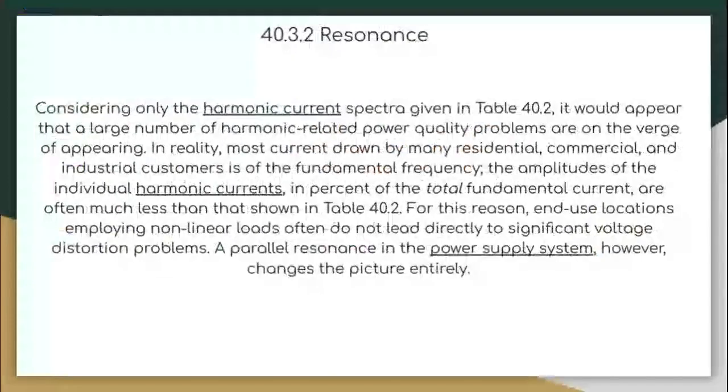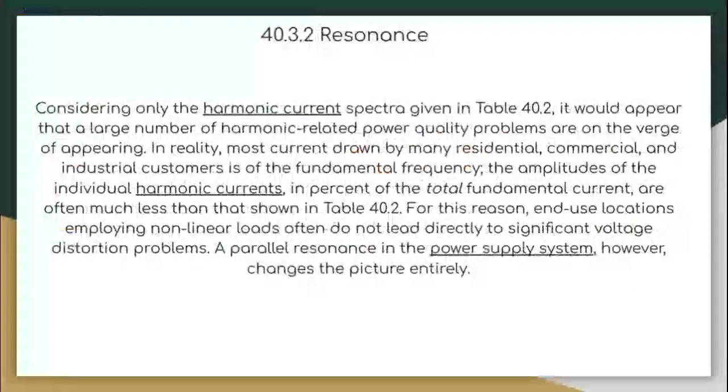Resonance. Considering only the harmonic current spectra given in table 40.2, it would appear that a large number of harmonic-related power quality problems are on the verge of appearing. In reality, most current drawn by many residential, commercial, and industrial customers is of the fundamental frequency.